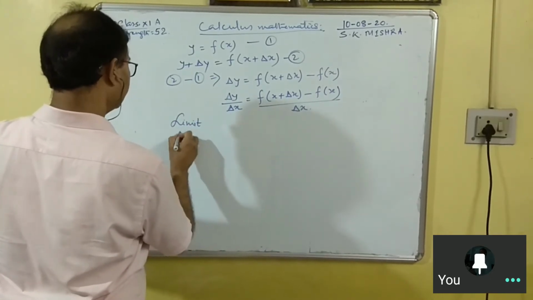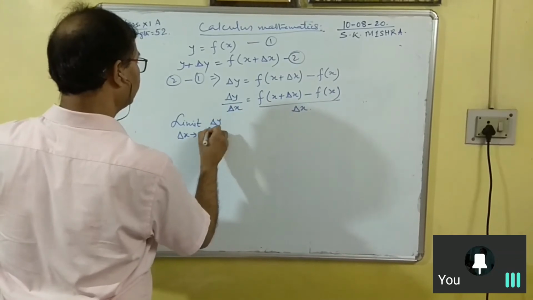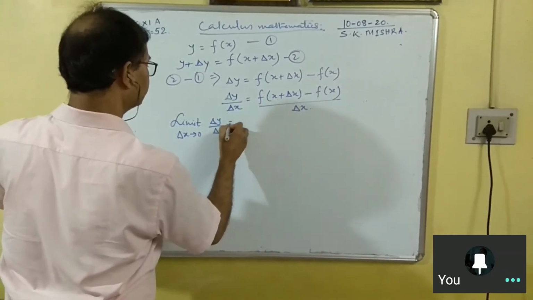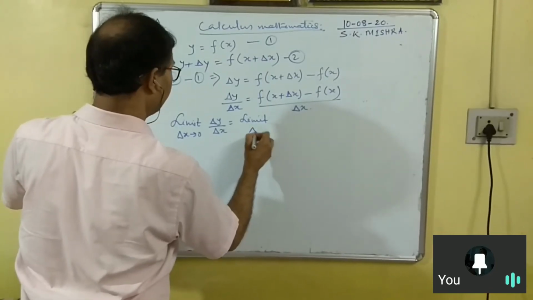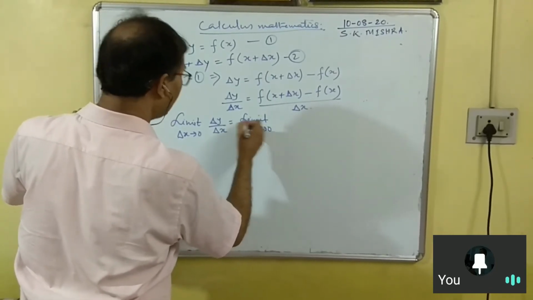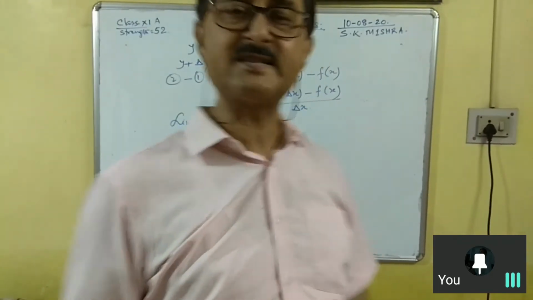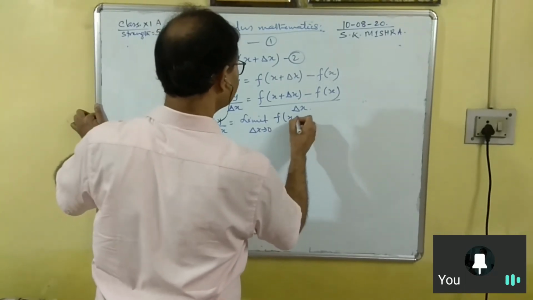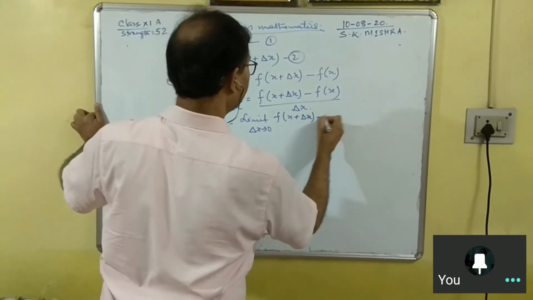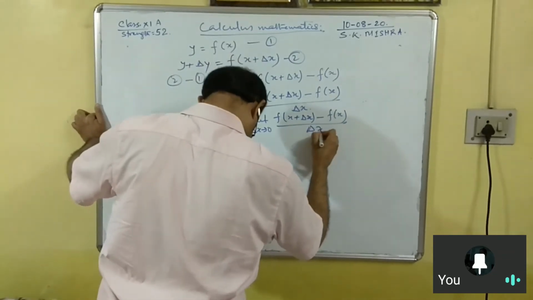Limit delta x tends to 0 of delta y by delta x. On this side also you have to take the limit, delta x tends to 0. In short, limit is written as LT, and then f of x plus delta x minus f of x divided by delta x.